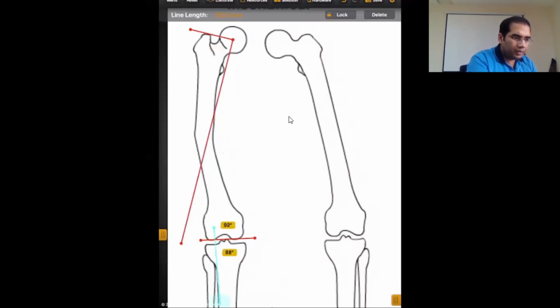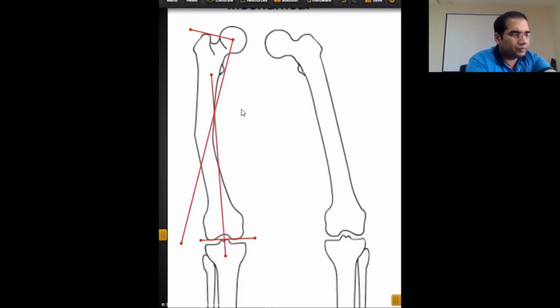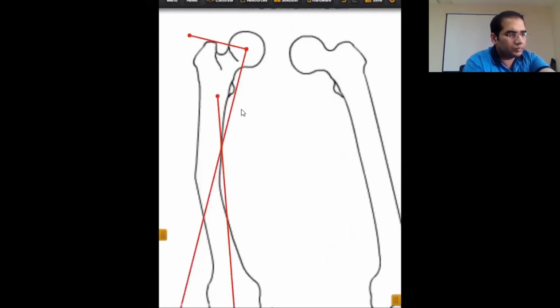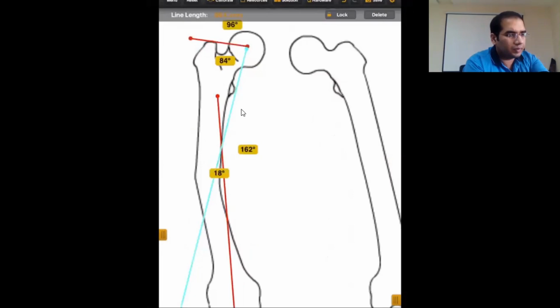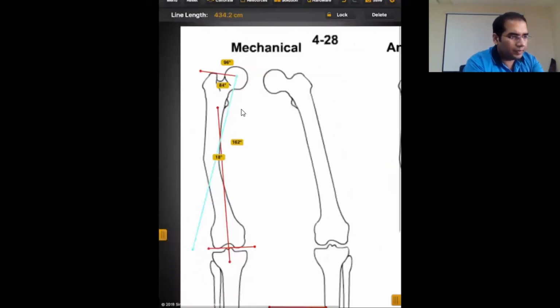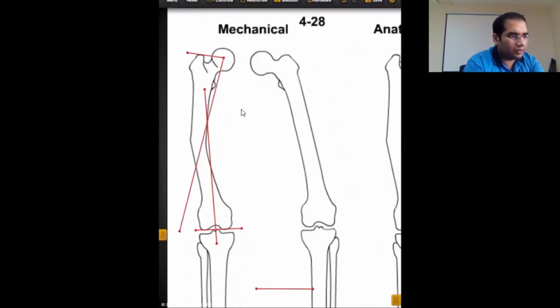The lateral distal femoral angle is 88 degrees, extending from the center. This has given us the location of the deformity. Okay. Let me just fine tune my calculations.